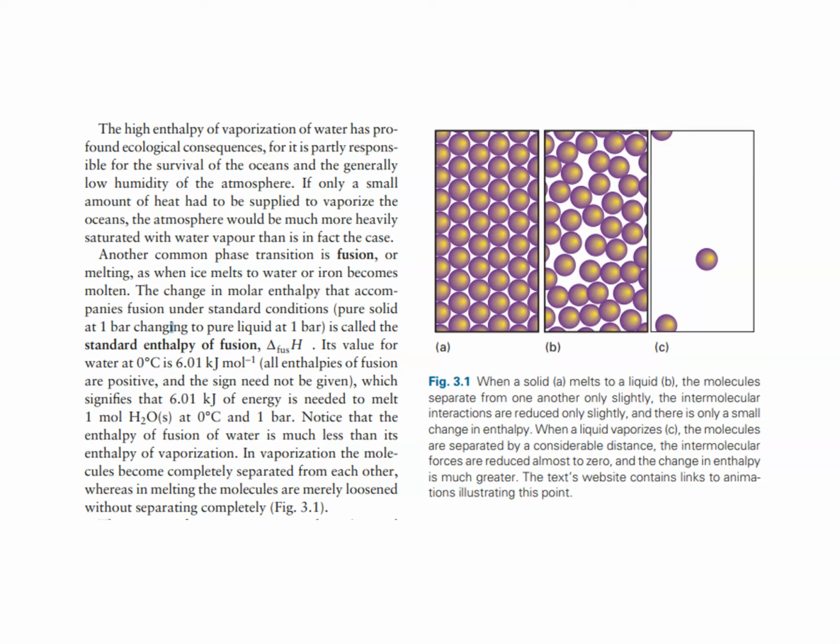The intermolecular interactions are only reduced slightly in this transition, and there's only a small change in enthalpy associated with this transition. But when a liquid vaporizes, the molecules are separated to considerable distance, and the intermolecular forces are reduced to almost zero, which is why they can behave ideally or near ideally, and the change in enthalpy is substantially greater.